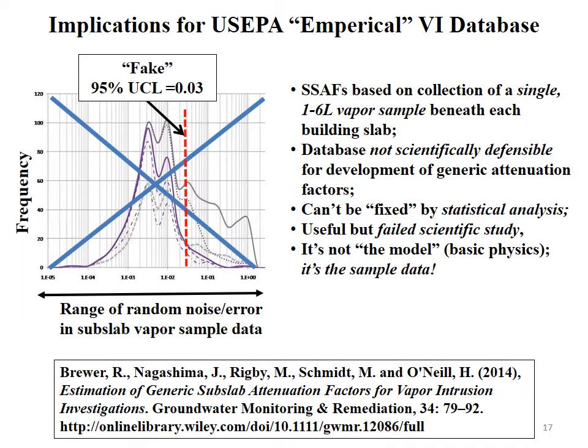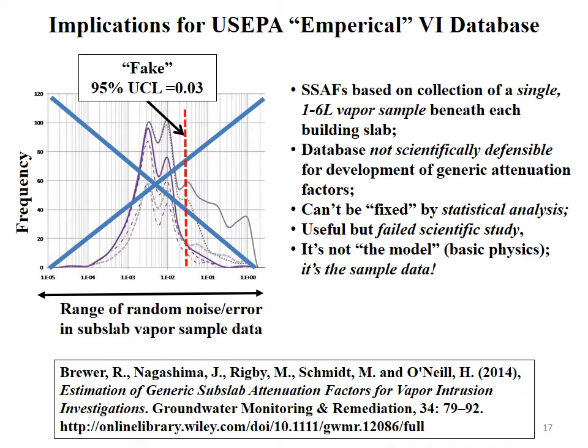The calculation of a 95% UCL based on this data is definitely what I would call fake data. So you can't fix this with statistical analysis. Imagine if I went to a football stadium and wanted to estimate the average age of the people there, so I randomly picked 100 people and asked their age. I can calculate a mean and a standard deviation and 95% UCL, but then I find out later that a lot of them lied.